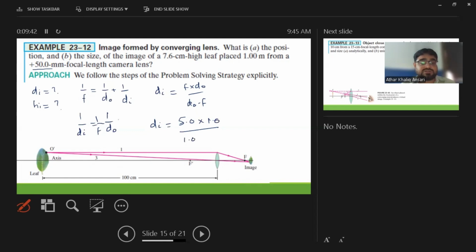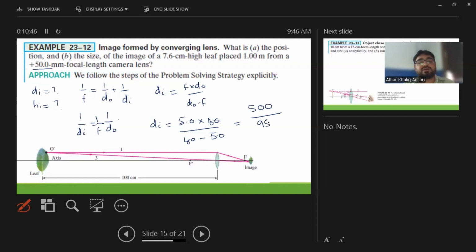So 1.0 minus 5.0. What is this? This was 1, which is 100 centimeter. I need to convert: 1 meter means 100 centimeter. So this will become 5 times 100, 500 over 95.